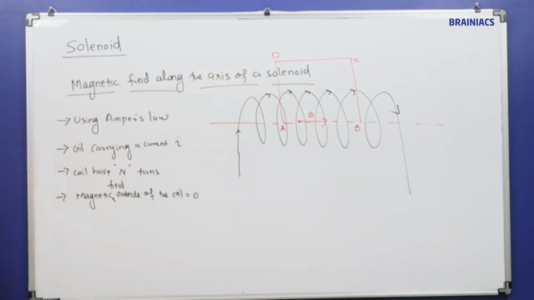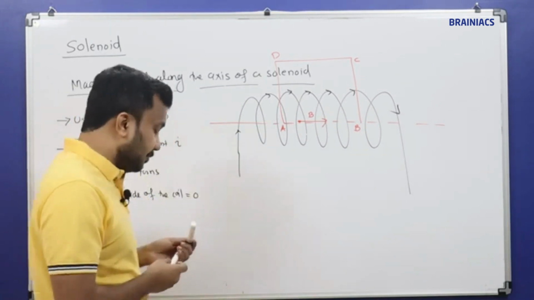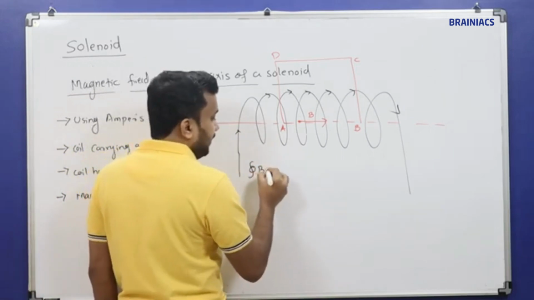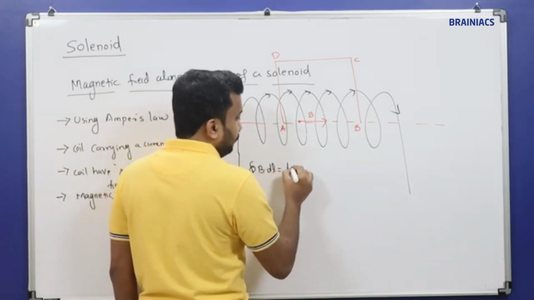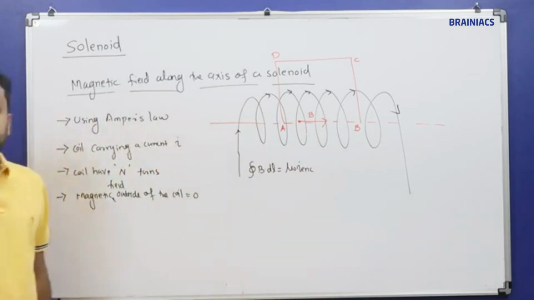Now we are going to apply Ampere's law. What is Ampere's law? The closed integral of B dot dl equals mu 0 times the current enclosed by the loop.